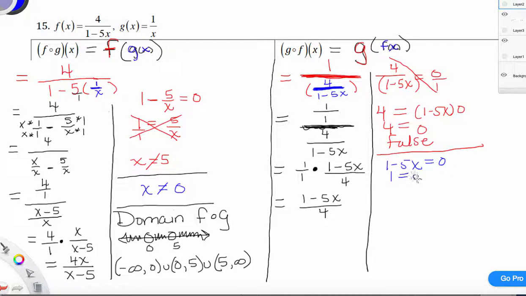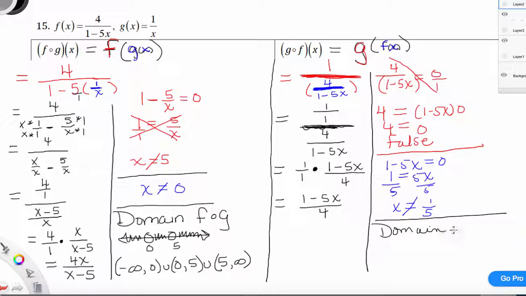I'm going to add 5x to both sides, and then I'm going to divide by 5, and I get x is equal to 1 over 5. But technically that's what x cannot equal. And my domain of my entire composite function is the domain in red of the composite function itself that you created, plus any domain restrictions from the inner function in blue. And so x cannot equal 1/5.